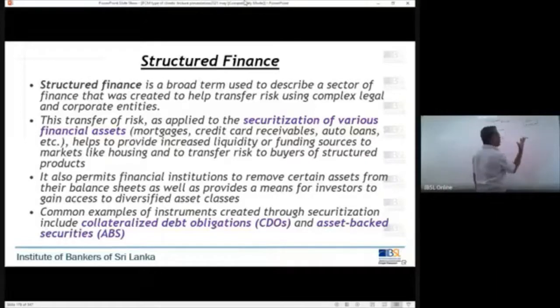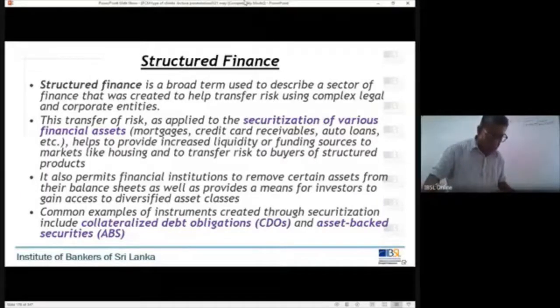Collectively, these loans we call a portfolio. Sometimes we call them combined loans, a combined portfolio. That means your bank has different types of loans, maybe pawning, maybe term loans, maybe overdraft, whatever, we call it a combined portfolio.